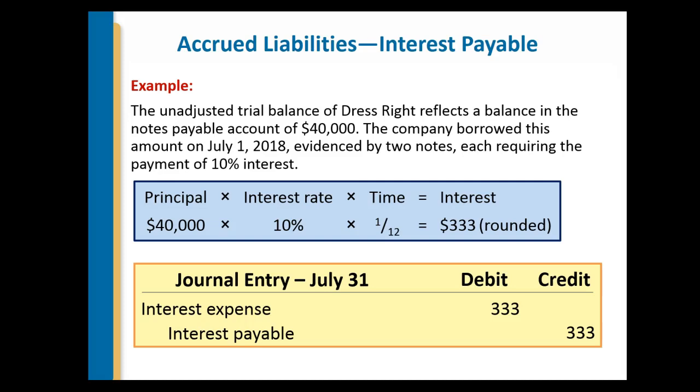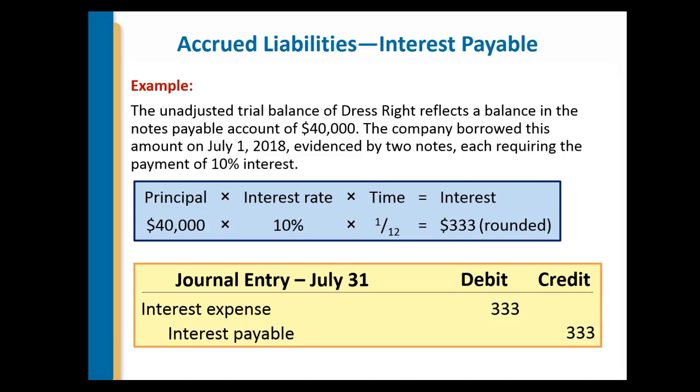The company borrowed this amount on July 1st of 18, shown by two notes, each requiring the payment of 10% interest. Now, in this case, we calculate interest as an annual rate multiplied by the principal amount multiplied by the amount of time, in this case, 1 month or 1/12 of a year.